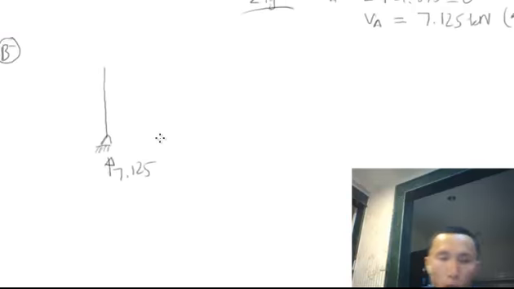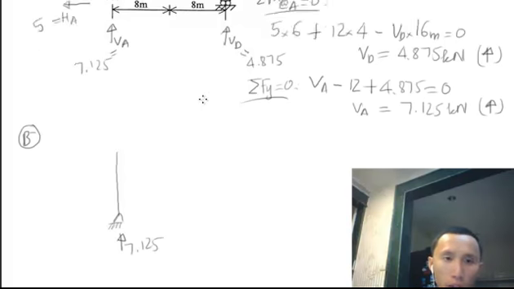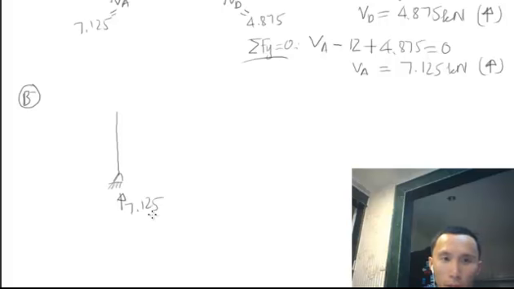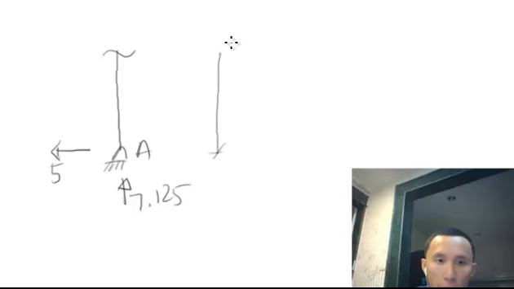This is 7.125 that we saw before, so I put 7.125 here, and 5 to the left. This is A.